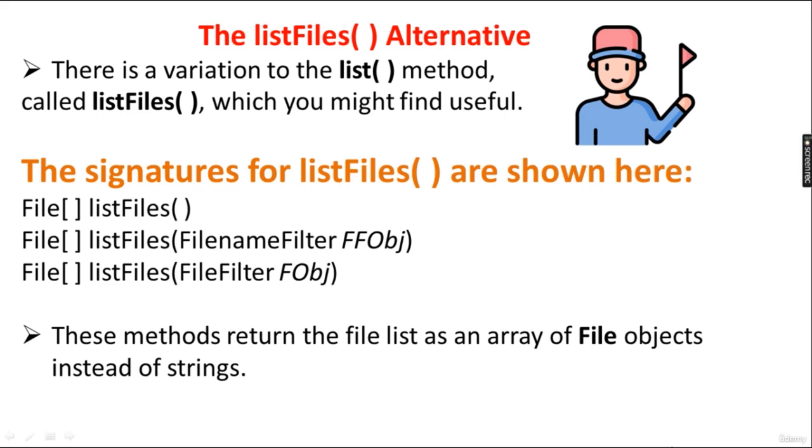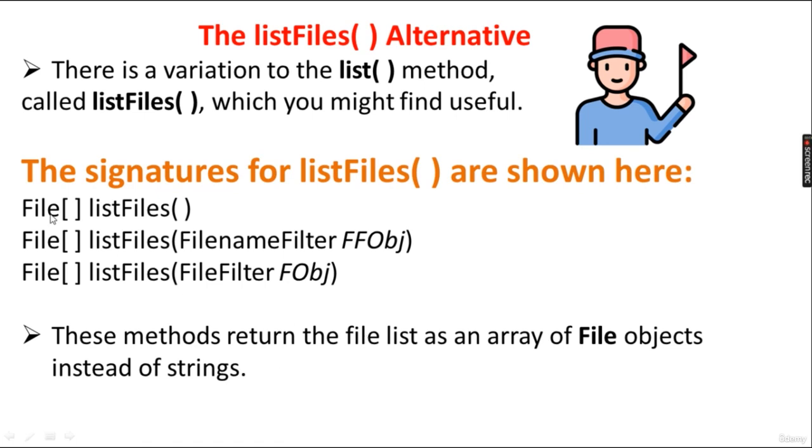The signatures of listFiles give a File array, a list of files: File[] listFiles(), File[] listFiles(FilenameFilter filter), and File[] listFiles(FileFilter filter). This method returns the file list as an array of File objects instead of strings.